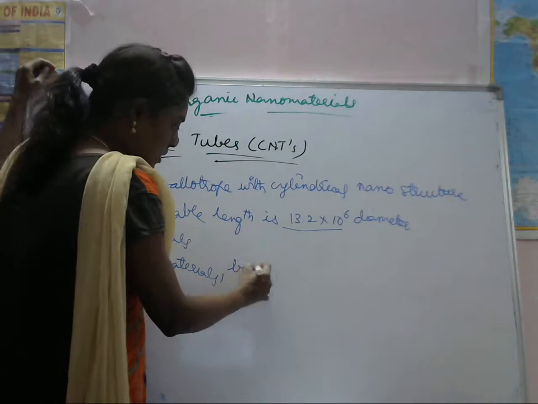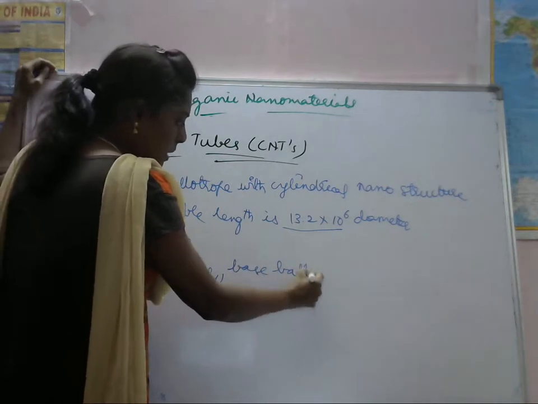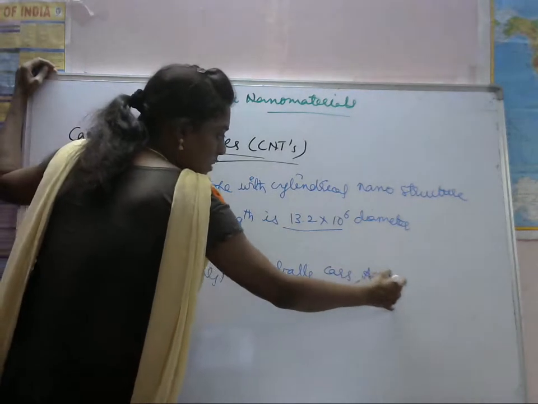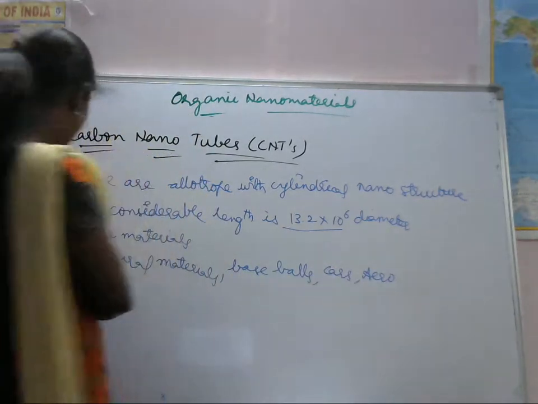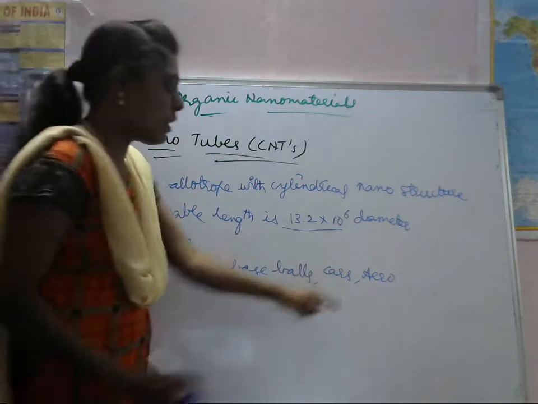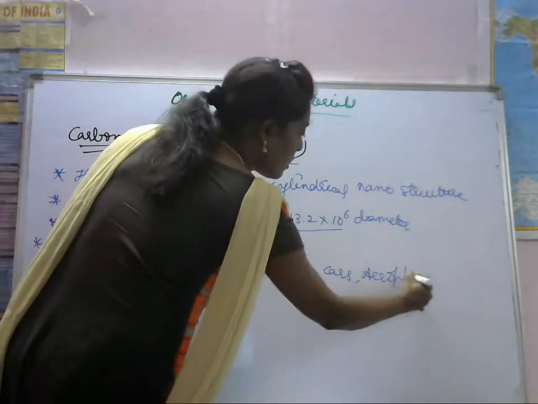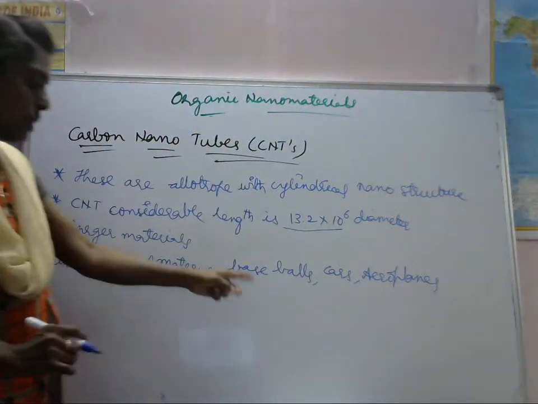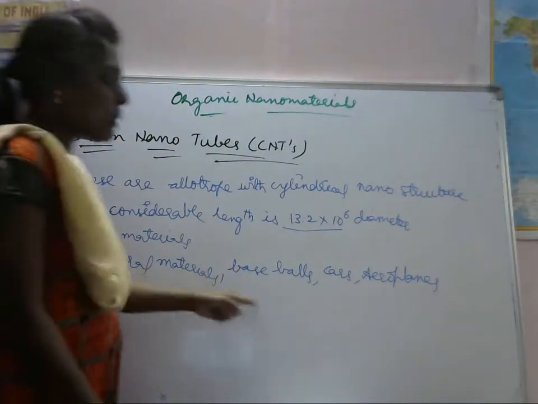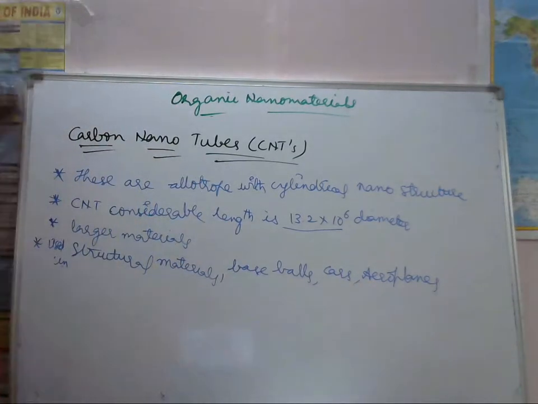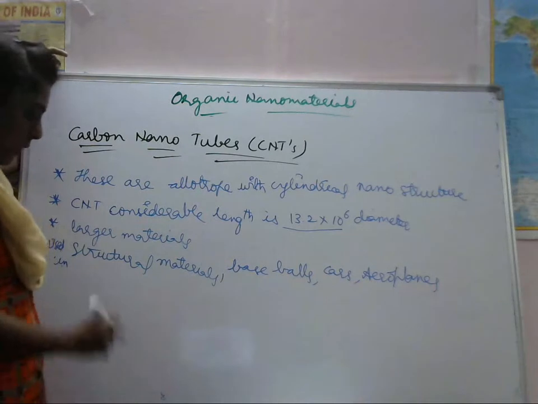Baseballs, cars, aeroplanes are used in structural materials. So these carbon nanotubes are used in various fields like structural materials and baseballs, cars and aeroplanes, etc.